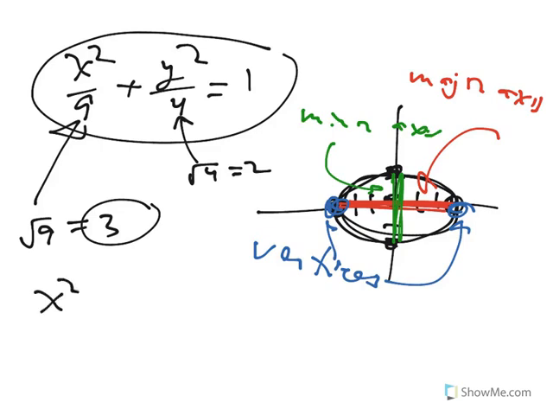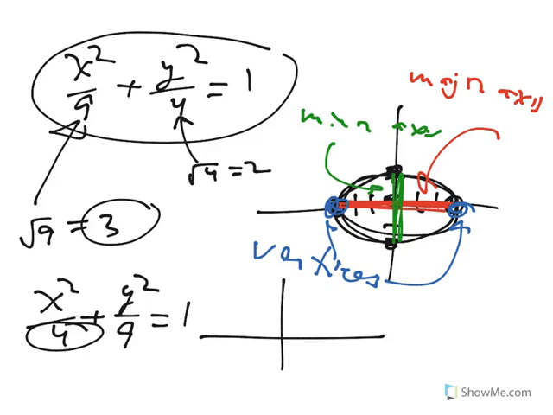Now, had this equation been x squared over 4 plus y squared over 9 equals 1, now the horizontal left-right thing would be 2 and up-down would be 3, so this would be like this, and in this case the major axis would be a vertical line and the minor axis would be a horizontal line.